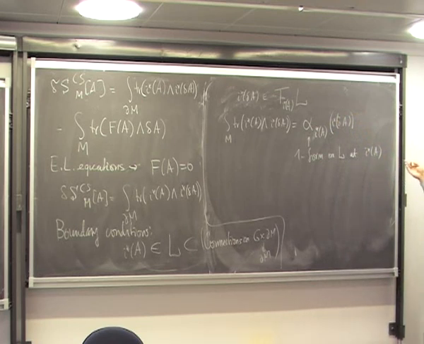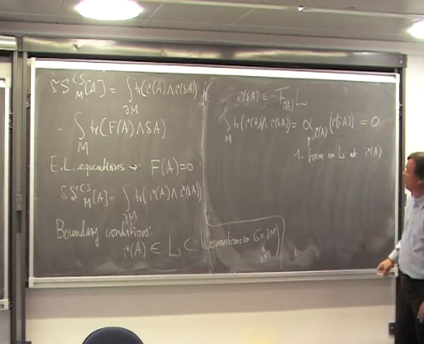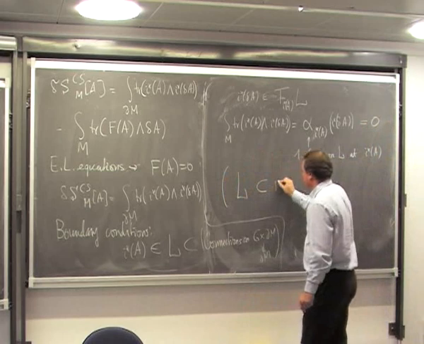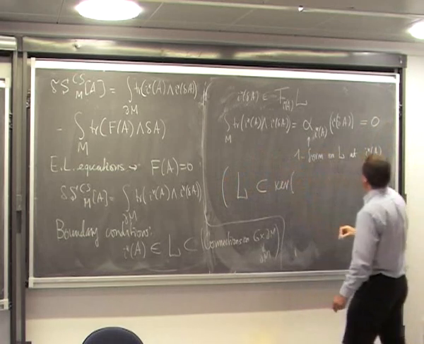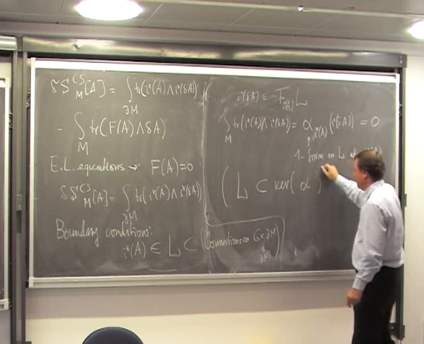So it's just as in first order classical mechanics. This is the reason why I discussed first order classical mechanics, because it's a finite dimensional model for the Chern-Simons theory. So the only requirement is that this should be 0. In other words, L should be in the kernel of this form.